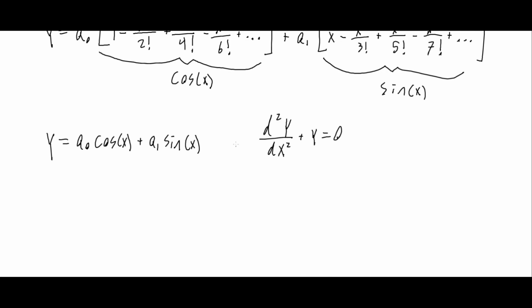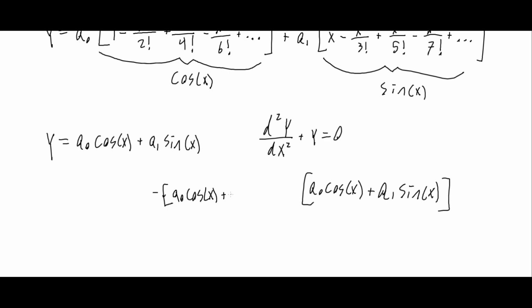And this should make sense because if our function is a naught cosine of x plus a 1 sine of x, then the second derivative would have to be minus a naught cosine of x plus a1 sine of x.